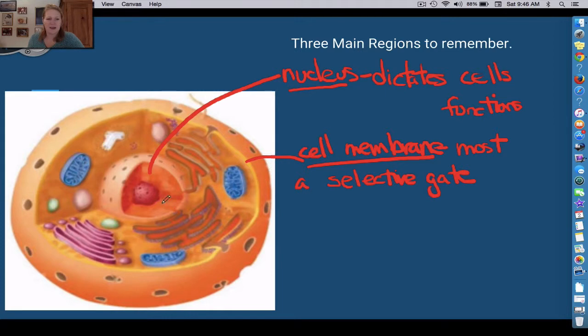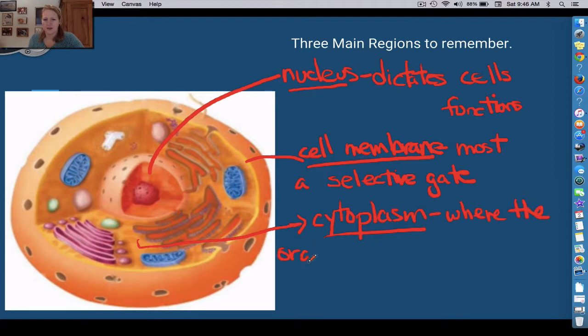And then the last place is this part, the jelly that all the organelles live in, and that, if you recall, is called the cytoplasm. And the cytoplasm is where the organelles, as I said, are suspended in the jelly.